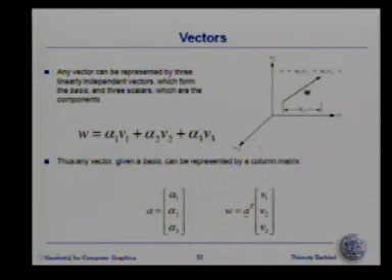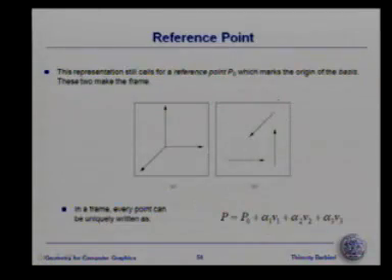Here there is a problem, of course: when you're actually referring to coordinates, we do not only need the vectors v1, v2, v3 to form an orthonormal basis, but we need something more. We need the point of origin. Where do these three vectors start?